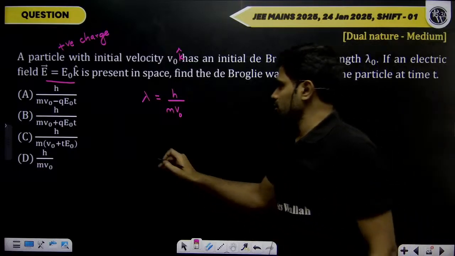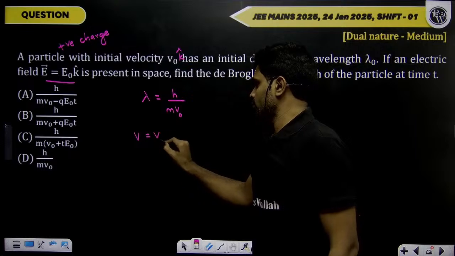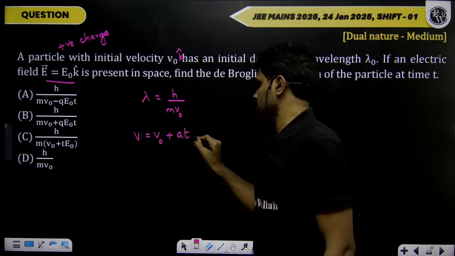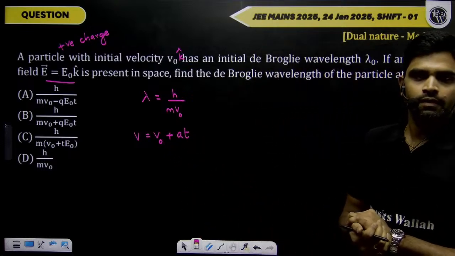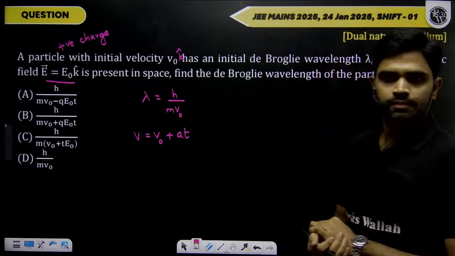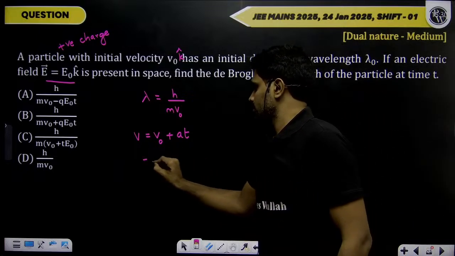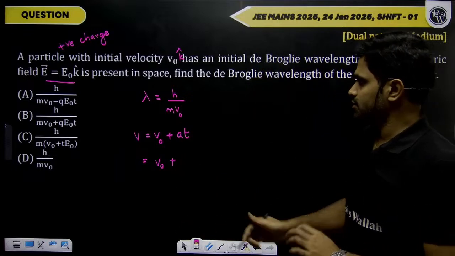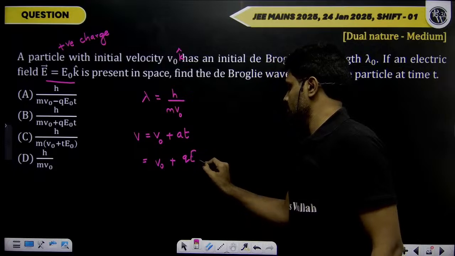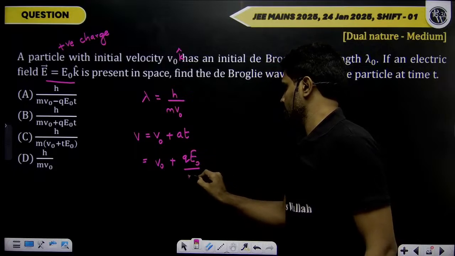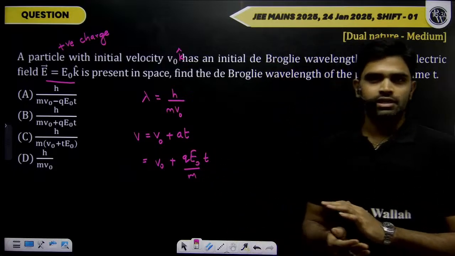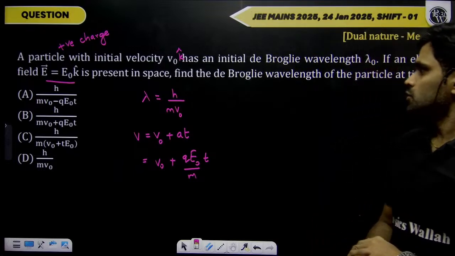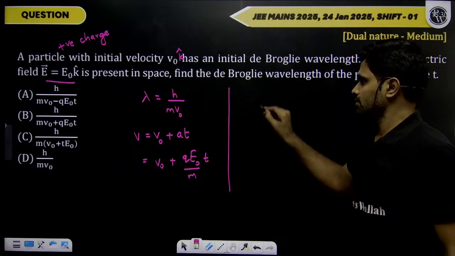So what is the final velocity? V equals V naught plus a t, where acceleration is force by mass. So what will be the final de Broglie wavelength?